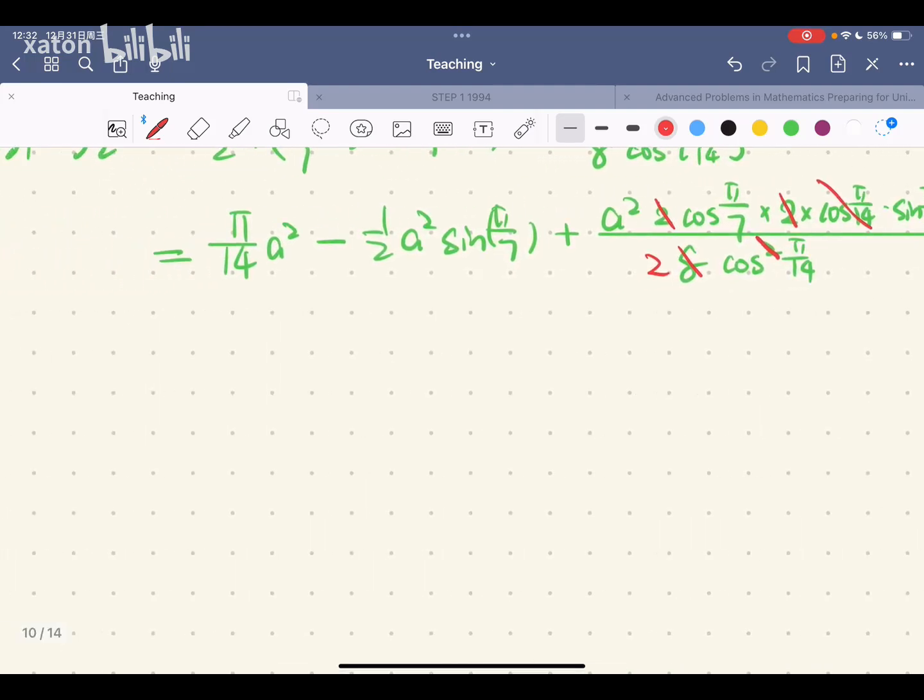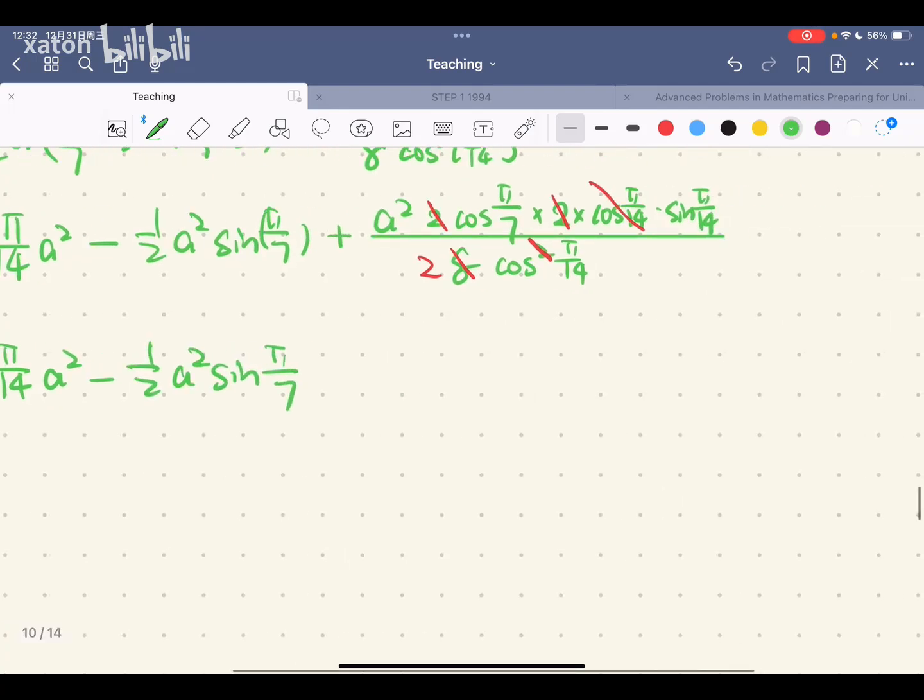Maybe it helped. Let's see what's going on. So square with cosine pi over 7 is tangent pi over 14.